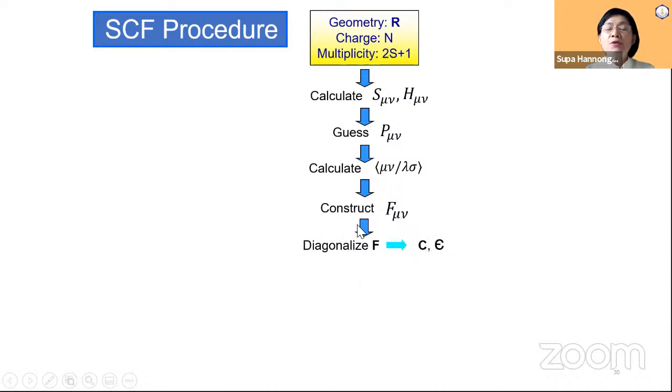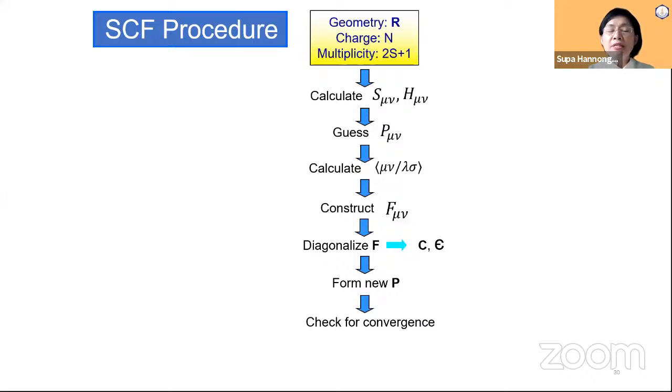And we can also diagonalize the Fock matrix in order to generate the new set of coefficients, and also the energy matrix. And finally, we can get the new P. Okay, and check for the convergence criteria.